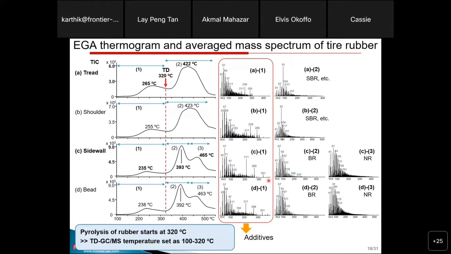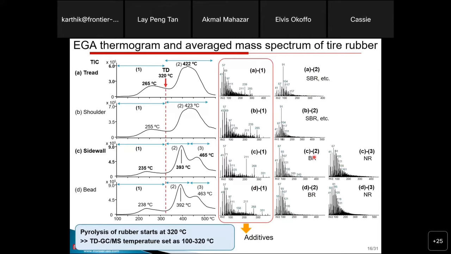The first thing is related to additives, and this mass spectrum can tell you what kind of additives are present in your material. The second one represents the polymeric part, the rubber. So based on the monomer, you can tell what kind of rubber. For example, tread has mainly SBR, and shoulder has SBR, but sidewall and bead have butadiene and natural rubber.